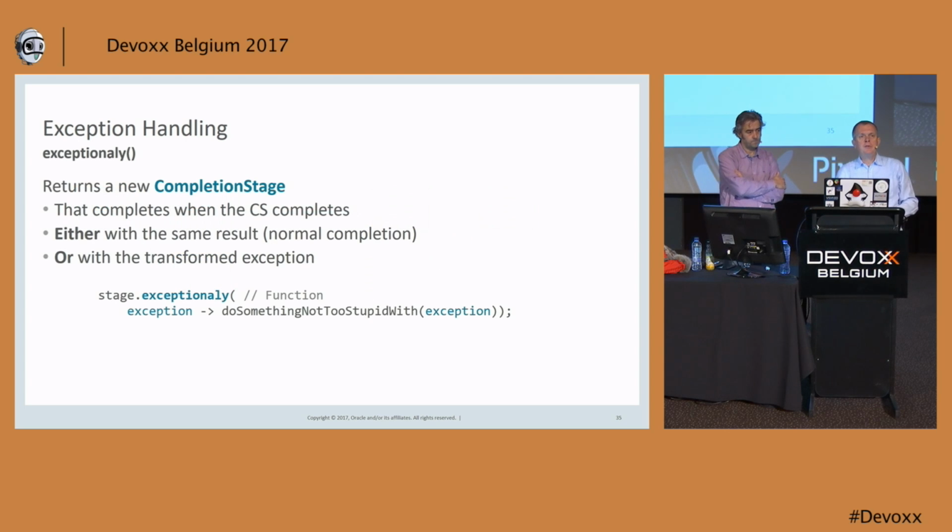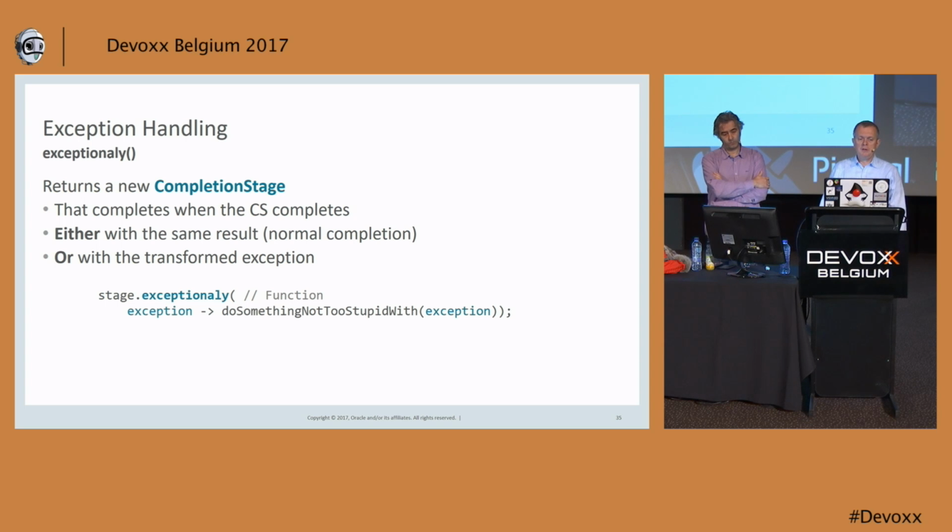In fact, we have a first method called exceptionally that returns a new completion stage. So it's really a call that can be integrated in a chain of asynchronous processing using this API. It will complete when the completion stage it is called on completes itself. So there is no lag or whatever in this call. Either with the same result, which is the normal completion. So if this did not throw any error, any exception, this exceptionally completion stage will just be transparent.